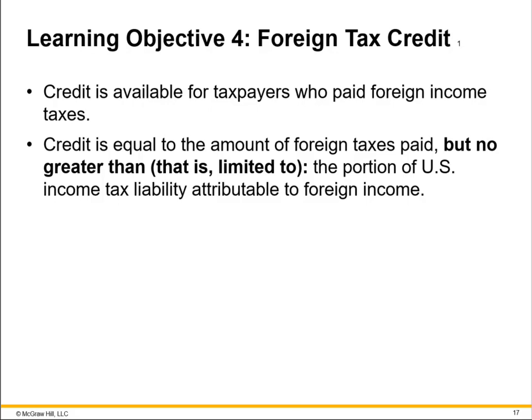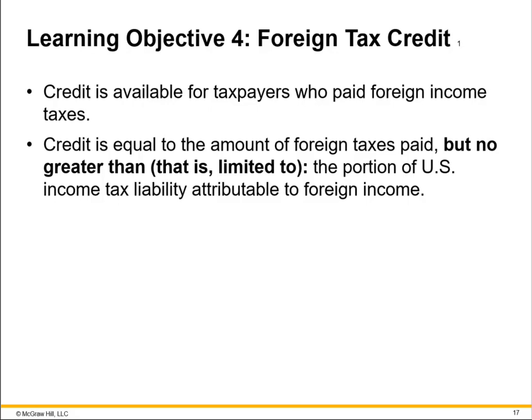So we report our worldwide income, and then we get a credit for the taxes that we already paid in another country for income that was earned in another country. Okay? So the credit we get is whichever's lowest, the amount we paid to the other country or the amount we would have paid in the United States if we had made it here in the United States.